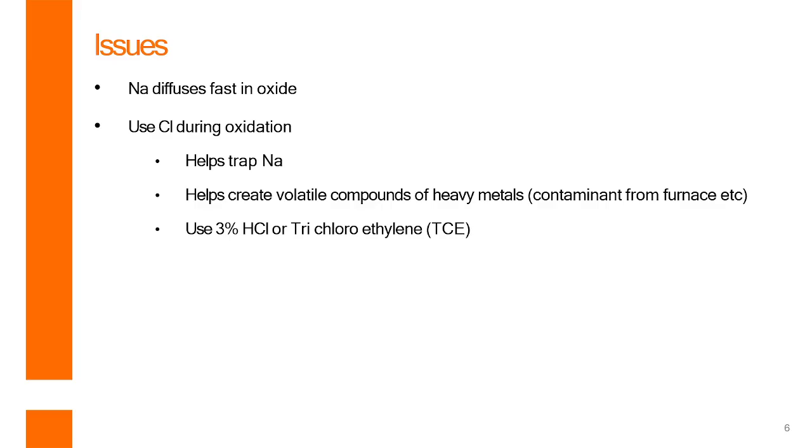What are the issues? Sodium can diffuse fast in the oxide. Sodium can diffuse faster in the oxide. So in order to avoid this, we need to use chlorine during oxidation. So what will the chlorine do? It will trap sodium, and you know that sodium plus chlorine gives what? Sodium chloride.